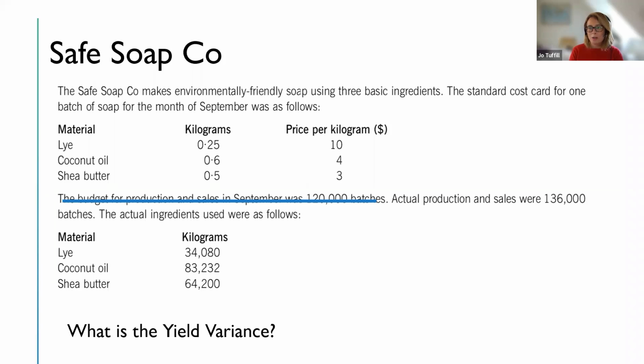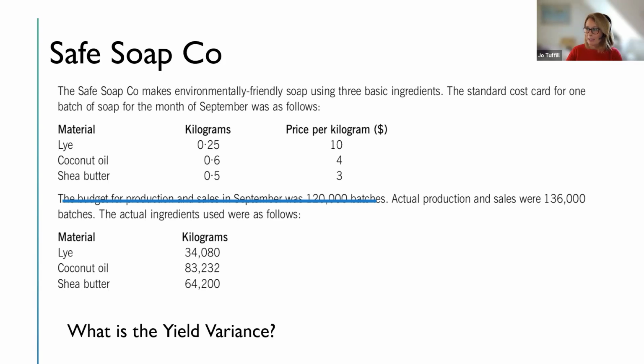That's the only time you use the budgeted production, because when you're doing a sales volume variance, that's what it's calculating. It's calculating the change in profit or contribution from producing more or less than we budgeted. Everything else, every other variance has to be calculated based on the actual production. Otherwise, the variances are meaningless because they'll just be down to a volume difference.